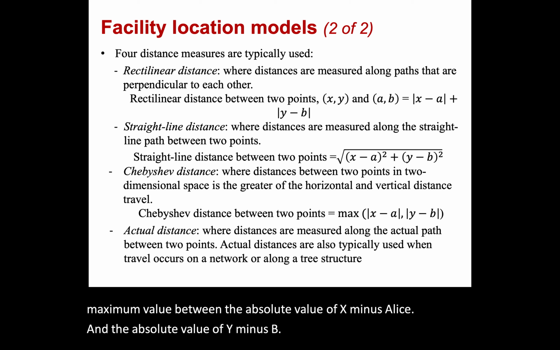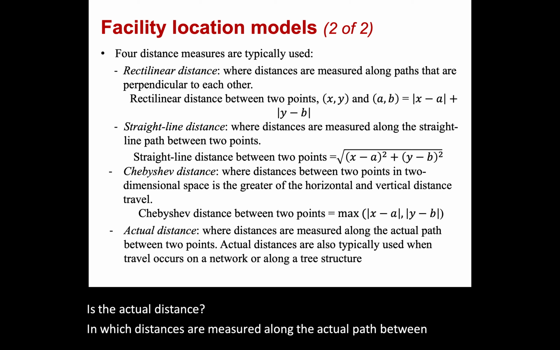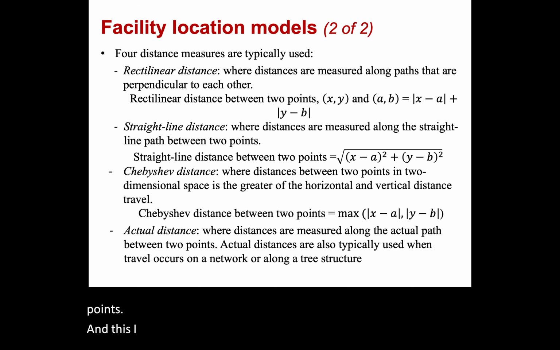The last type of measure is the actual distance, in which distances are measured along the actual path between the 2 points. This actual distance is also known as the flow path distance.